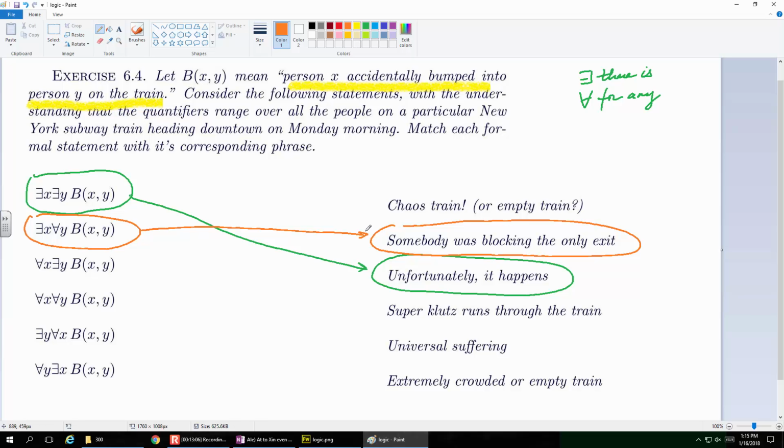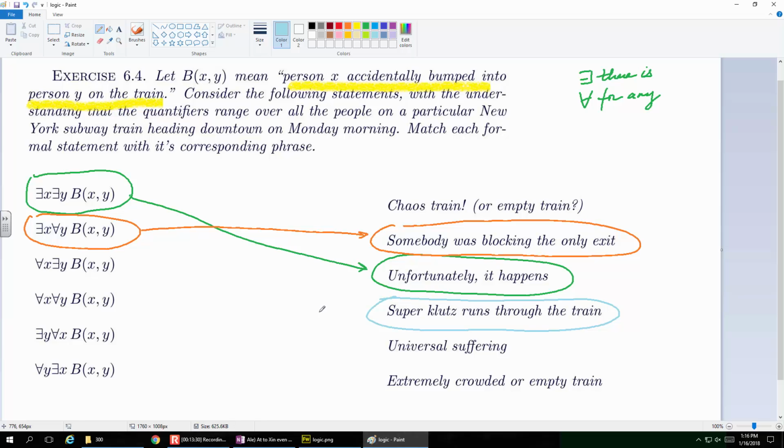Okay, let's go the other way, which is just as interesting. So let's take this one. I think we can handle this one. Super klutz runs through a train. So it's kind of the opposite of what we just considered, right? Can you logically translate it?